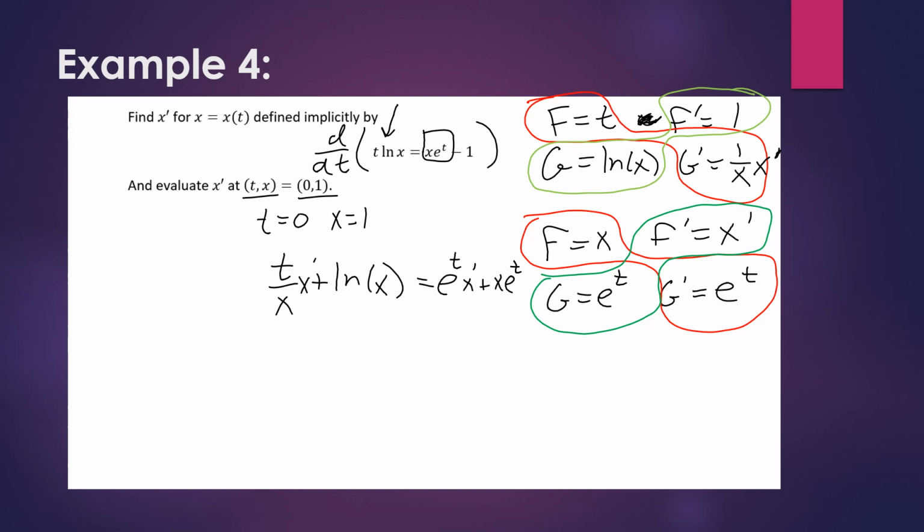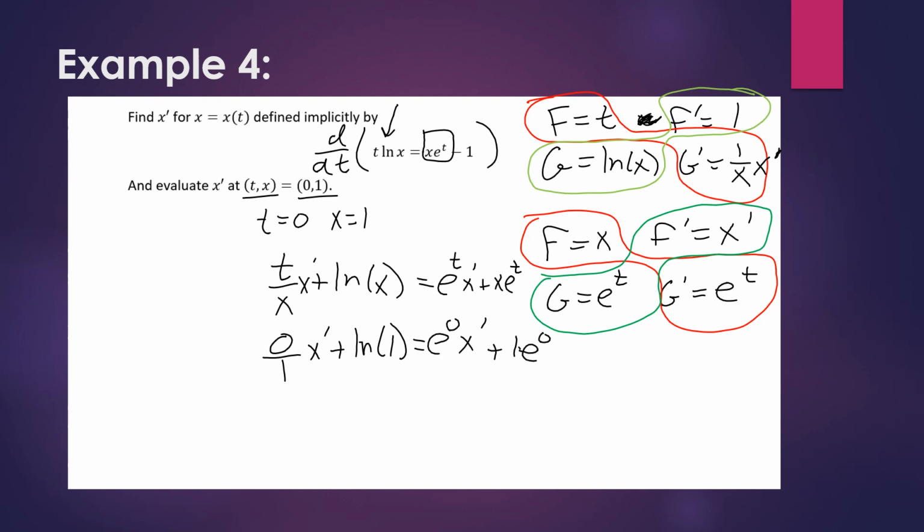So this might look like it's really confusing, but I know that t equals 0 and x equals 1. So if I start plugging in, I'm going to get 0 over 1 x prime plus the ln of 1 equals e to the 0 x prime plus 1 e to the 0.